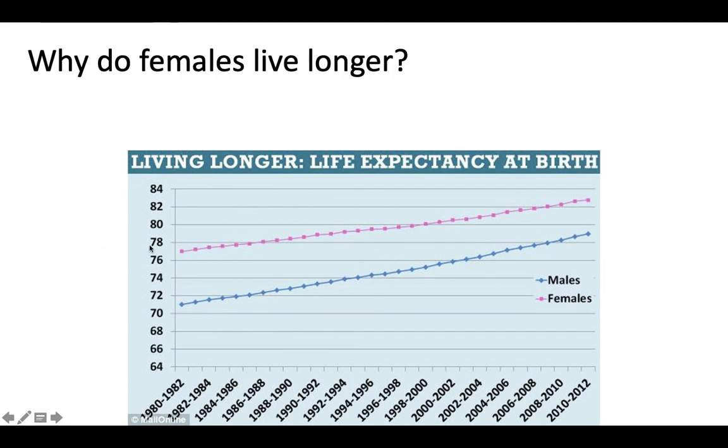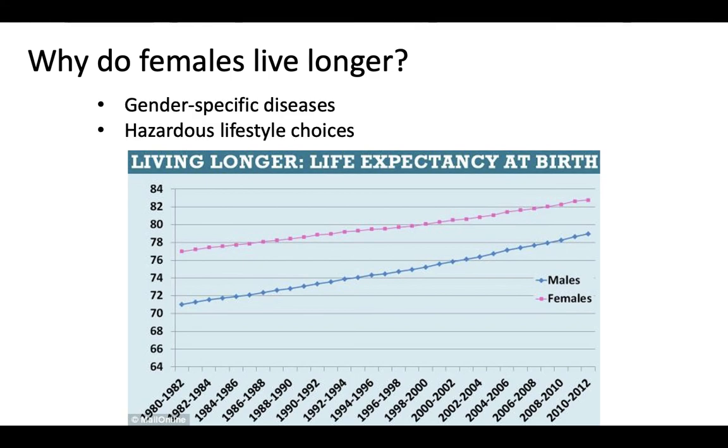We tend to see differences in terms of sex, in terms of life expectancy. Females, on average, tend to live longer. There are a variety of reasons for this. There are gender-specific diseases, such as STDs. There are hazard or lifestyle choices. On average, adolescent females tend to be more risk averse.